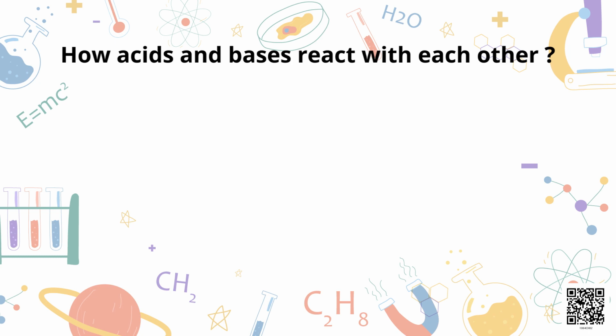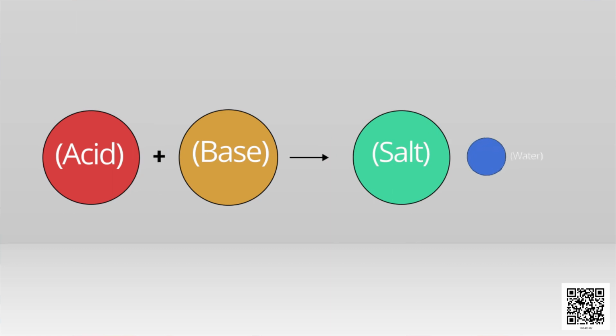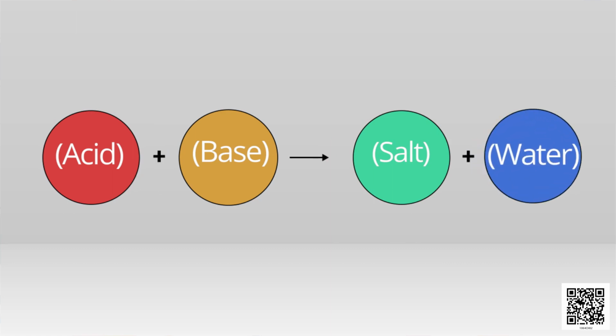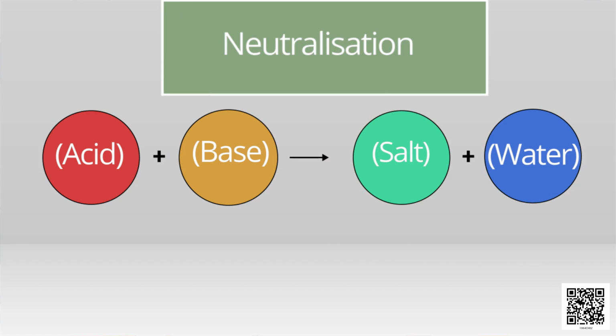Acids and bases show variable chemical properties, but have you ever wondered, children, what will happen if an acid is mixed with a base? Acid reacts with the base to produce salt and water, and this reaction is called neutralization reaction.